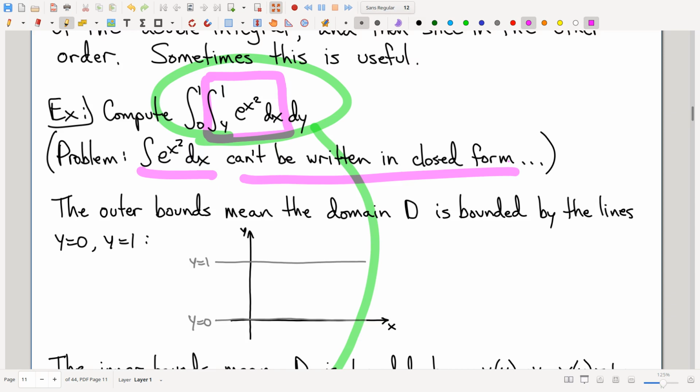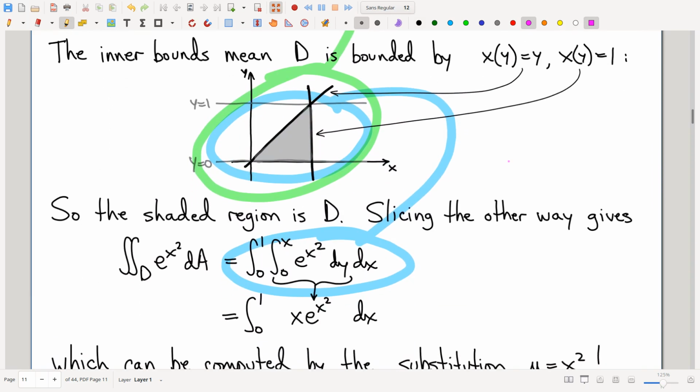So it's pretty neat then to be able to say, all right, well, look, slicing dx dy, that was sort of a dead end. So let's do the dy dx. And now we look at the inside integral. It remains at a glance kind of scary because you still have the integral of e to the x squared. It looks bad, but it's dy.